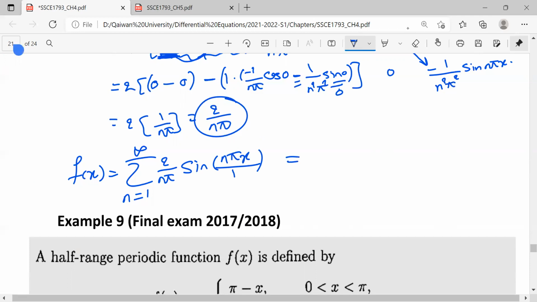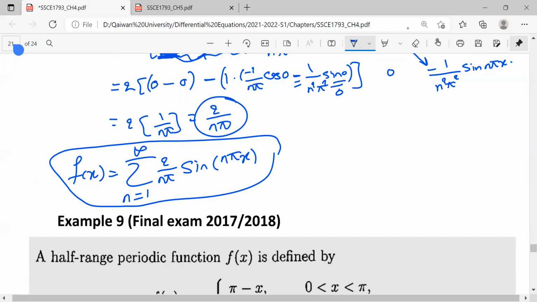And this equals, here we just need to remove this. This is the solution for the cosine Fourier series for the given function.